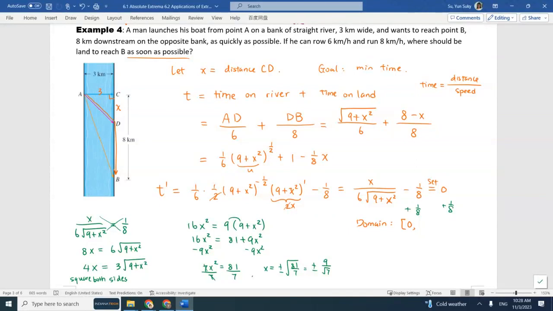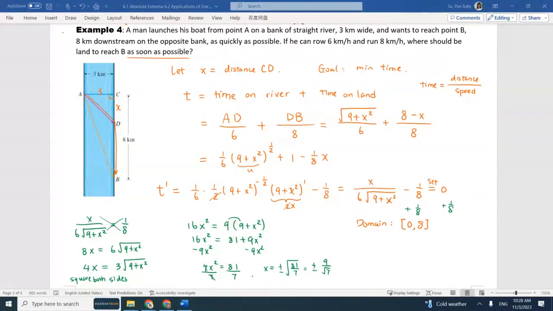Mackenzie, what is the largest X? So D is here between C and B. The smallest X is when you have 0. The largest X is 8. Yes. So the domain is 0 to 8.